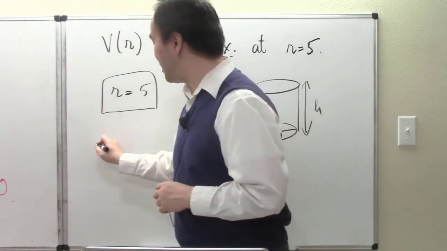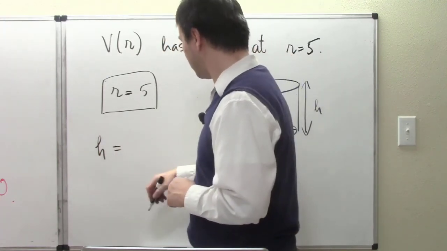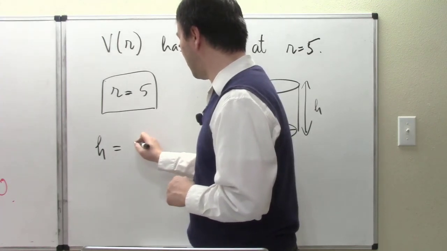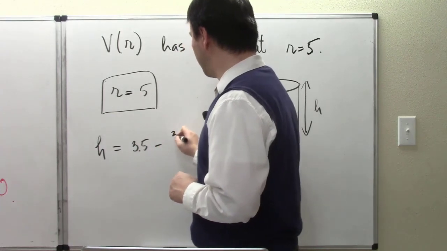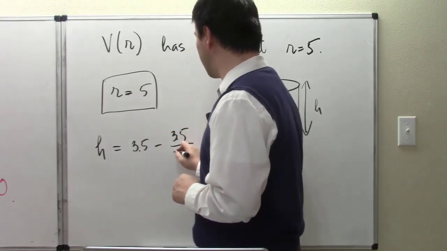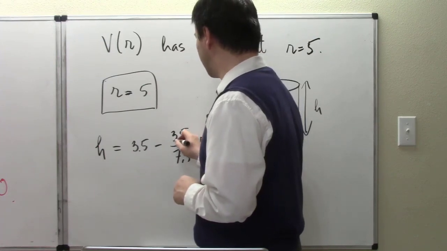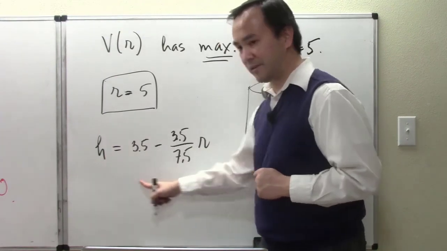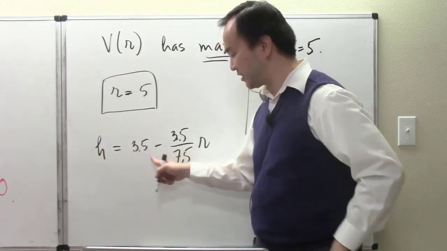So we have found that H is equal to, if I recall correctly, 3.5 minus 3.5 over 7.5 R. That's my H right here, how I expressed H as an expression in terms of R.